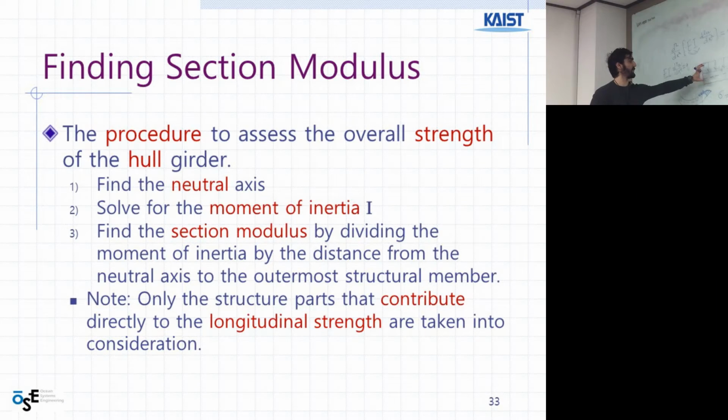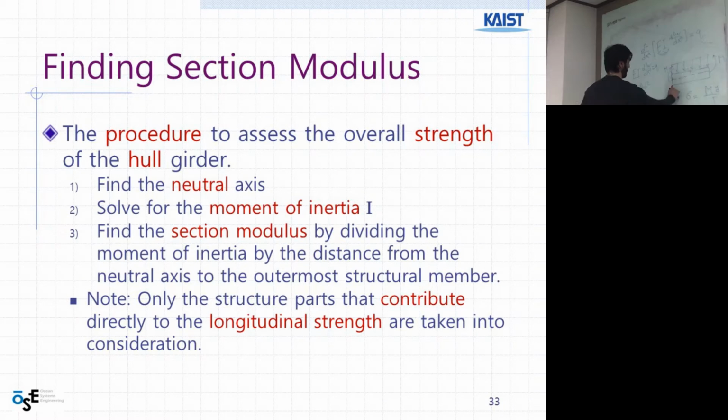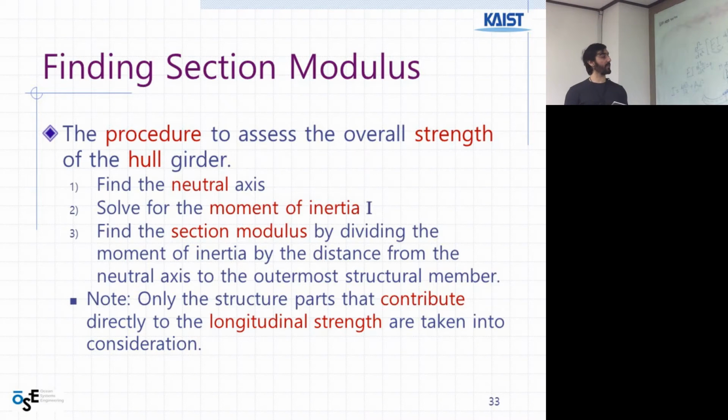We have to draw the force distribution for the beam per unit length, and then we determine the net distribution. Here it can also be distributed loading, and we determine the net, and from there we can calculate the bending moments.